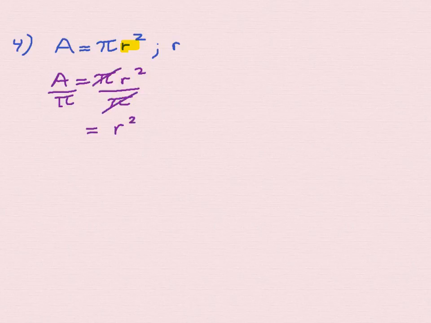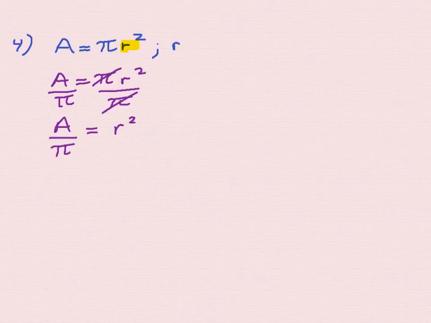So I'm going to first of all divide both sides by pi to get the pi away from the r squared. So the pi will cancel because pi divided by pi is going to equal 1. You're left with the radius squared equals the area of the circle divided by the value of pi.